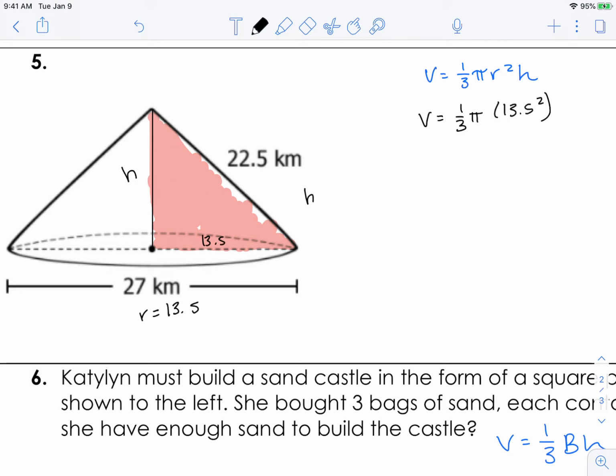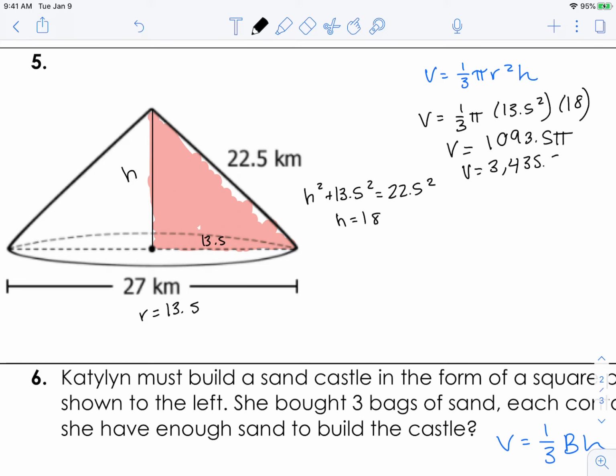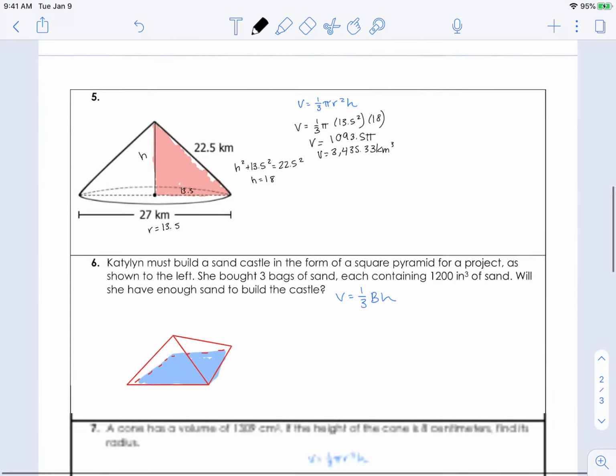So I'm going to do h squared plus 13.5 squared is equal to 22.5 squared. Okay, solve it, you get h is equal to 18. So then I can plug it into my equation. Okay, so in terms of pi, I get 1093.5 pi, or in decimals, it's 3,435.33 kilometers cubed. Both are correct.